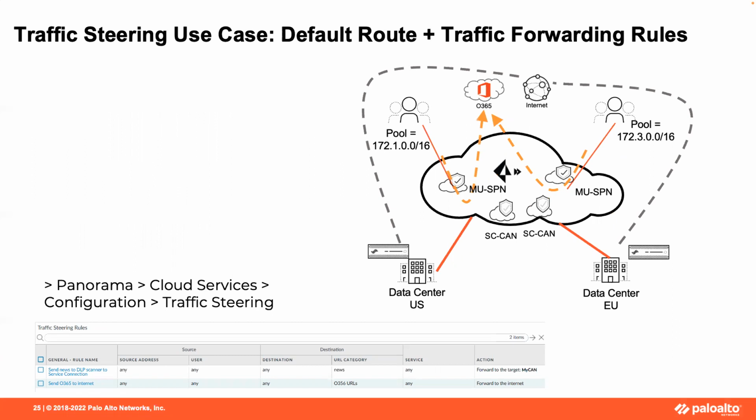And we do this by using traffic forwarding rules. The idea of these traffic forwarding rules is we can use source addresses or users, destination IPs, URL categories, port numbers, and we can have an action to say, go in this direction, that direction.